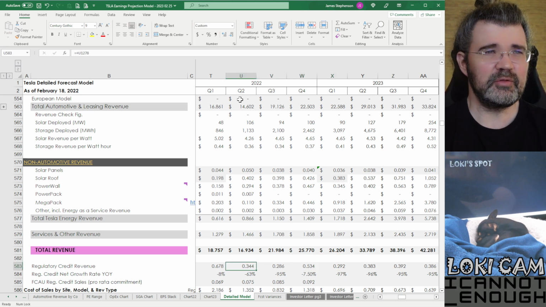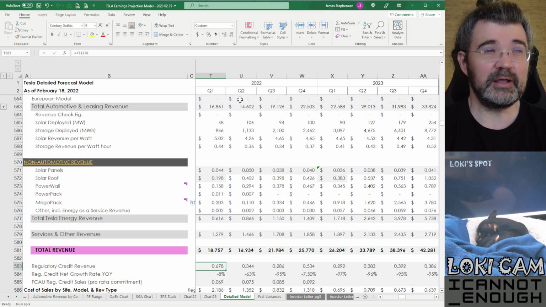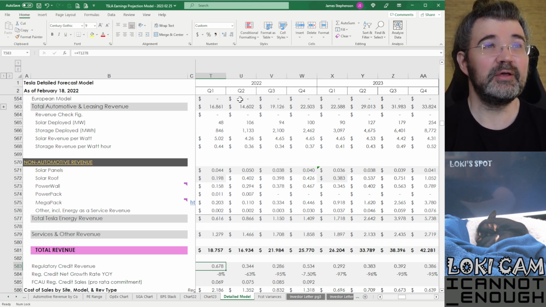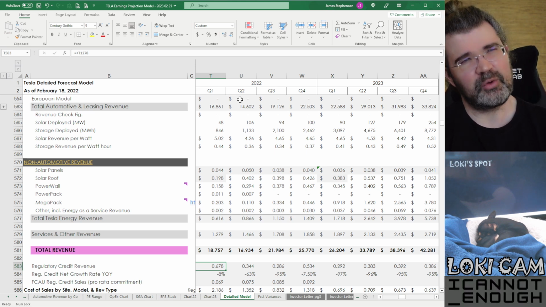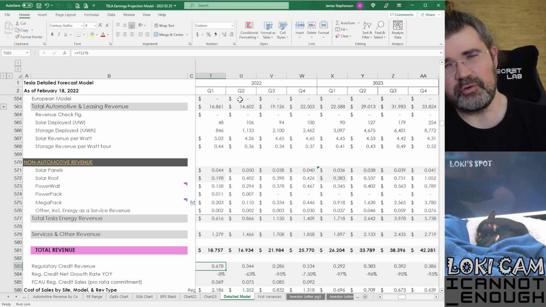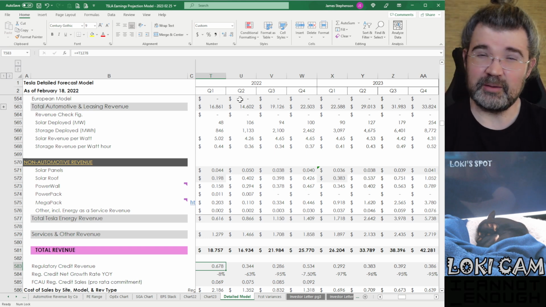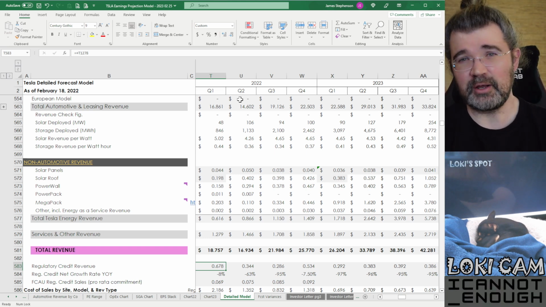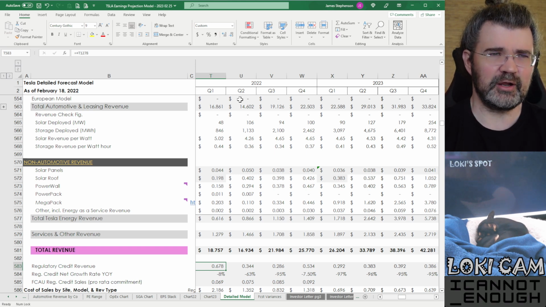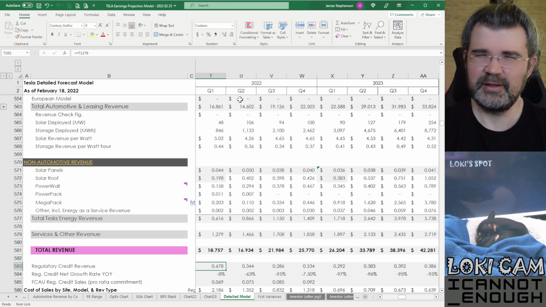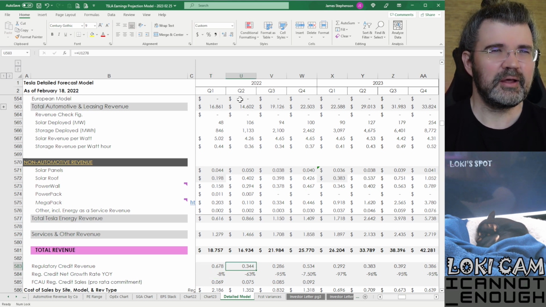Regulatory credit revenue, these are just total dollar amounts down here, so 0.678 in Q1 of last year was the most ever. Tesla had a one-time adjustment in there for some regulatory credits they had previously sold that they were allowed to take more revenue on due to a change in a revenue recognition principle accounting standard.